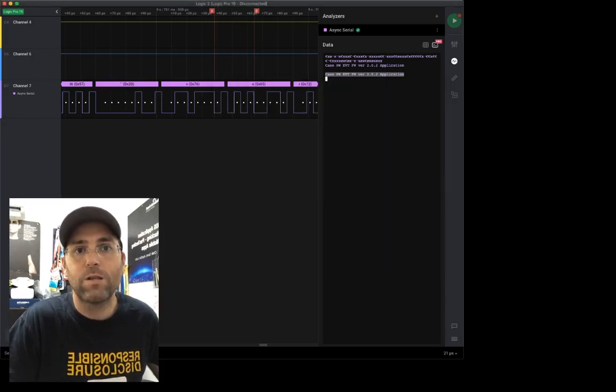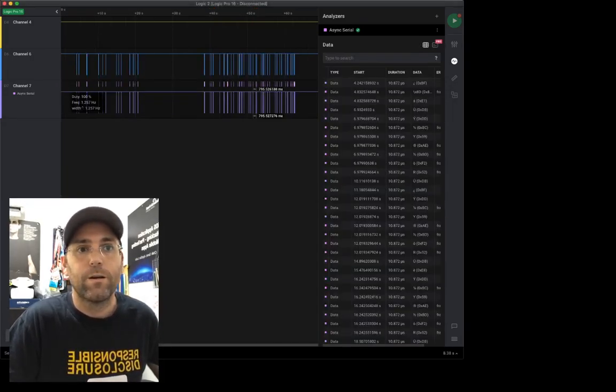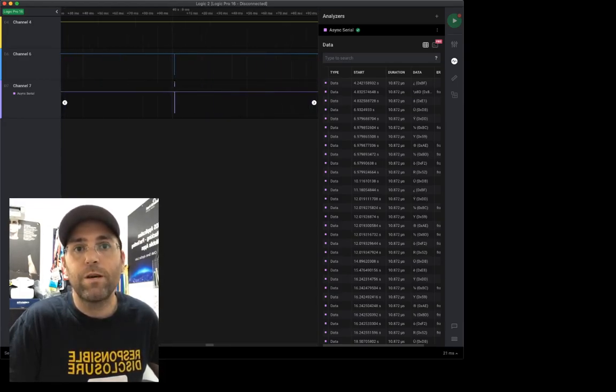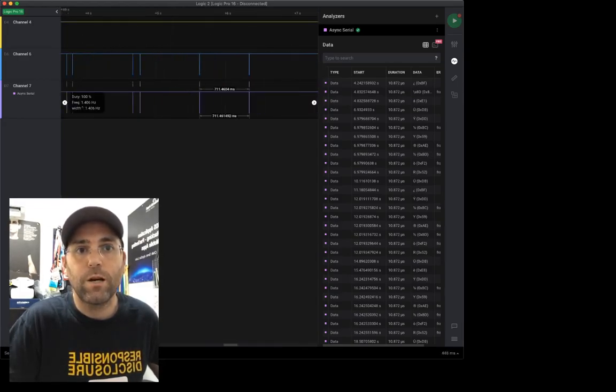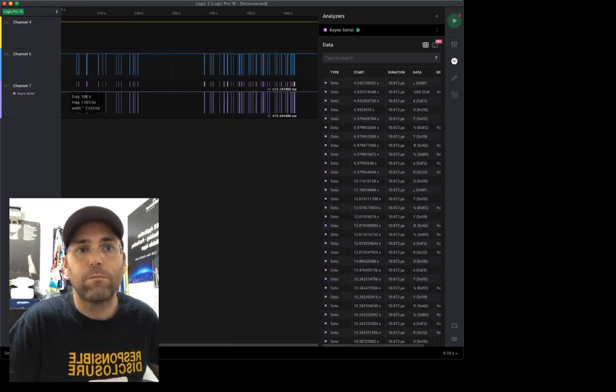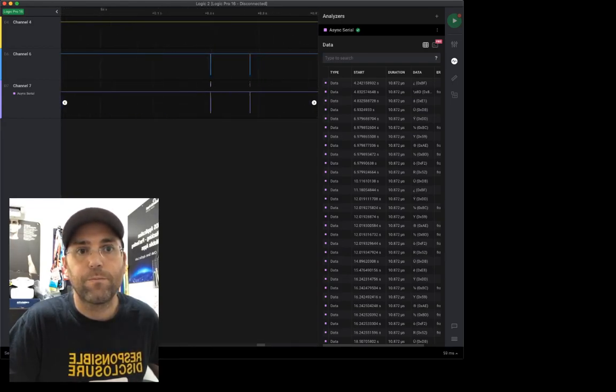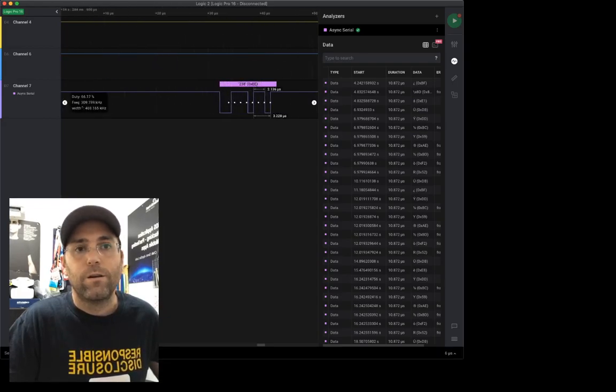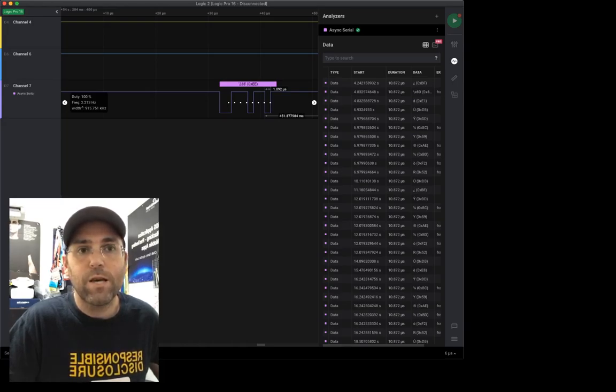This is the AirPods Pro communication, and we do the same thing. We zoom in. Okay, let's zoom in. And we have here 1.09 microsecond.